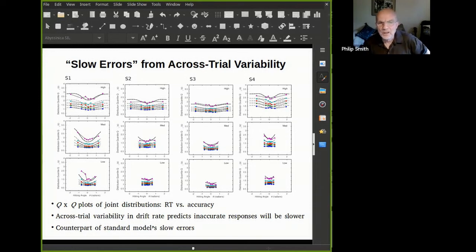So in pretty much all of these participants, we see a slow error pattern, and the model is fairly successfully accounting for that as a function of drift rate variability.